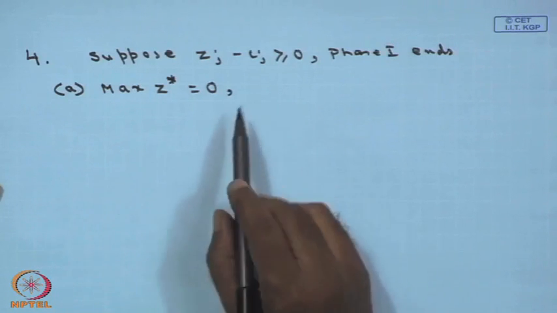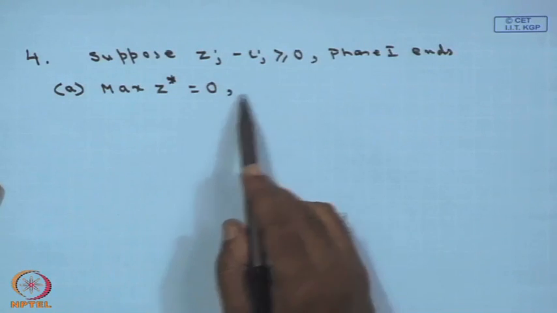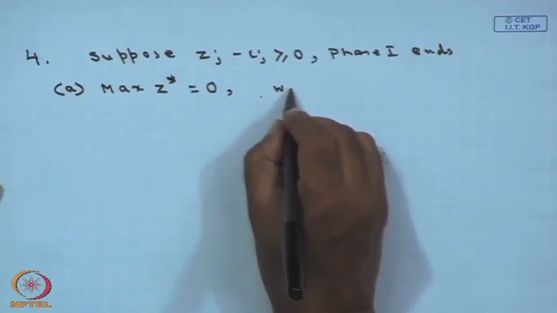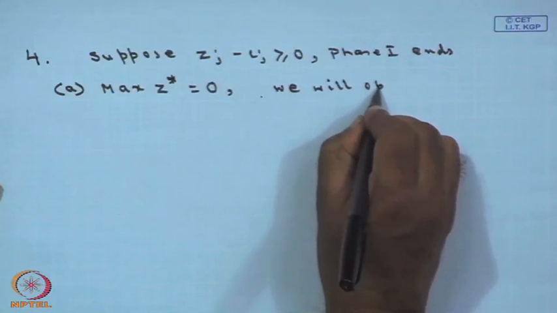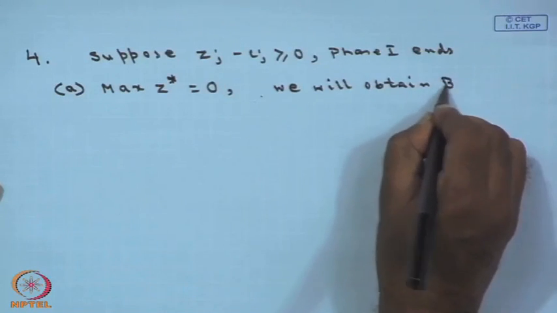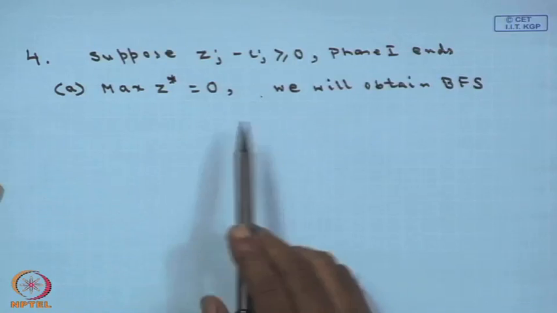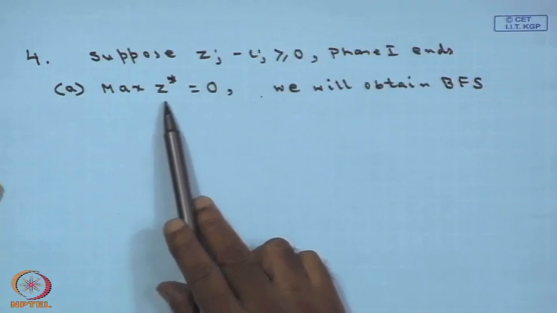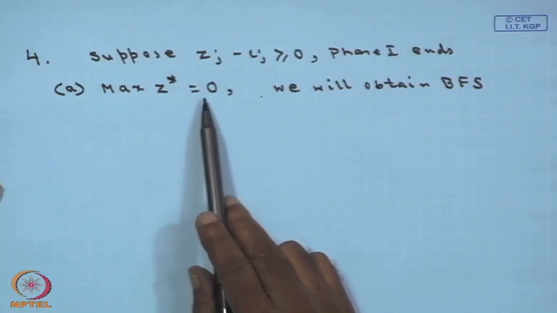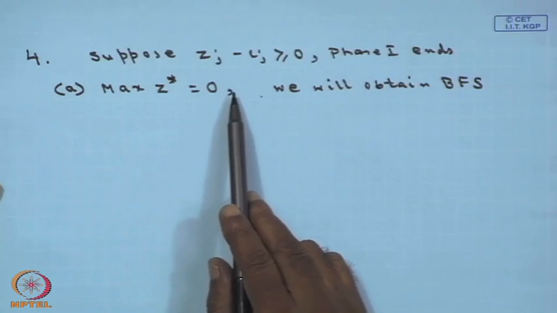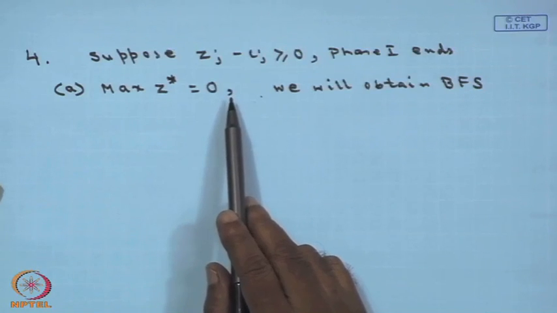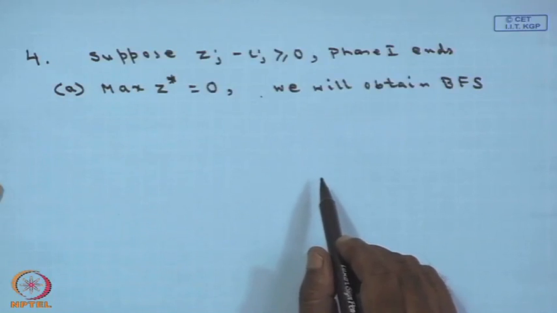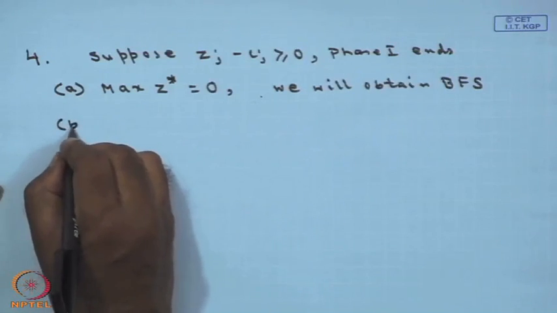Whenever maximized z star equals 0, all the artificial variables will disappear from the basis and we will obtain a basic feasible solution, BFS. So, if Zj minus Cj is greater than or equal to 0 and the maximum of Z star, the auxiliary objective function value, is 0, in that case the artificial variables will disappear from the basis and we will obtain the basic feasible solution of the original problem and we can go to phase 2.